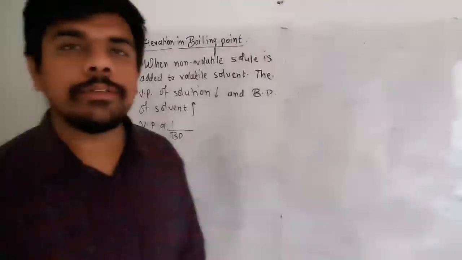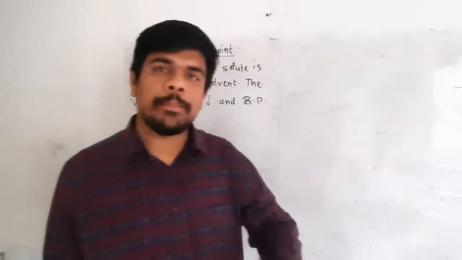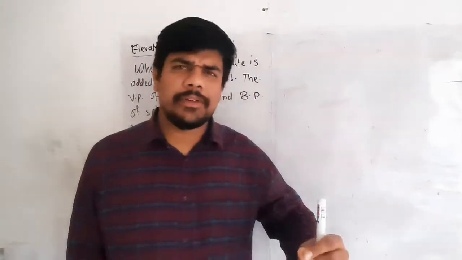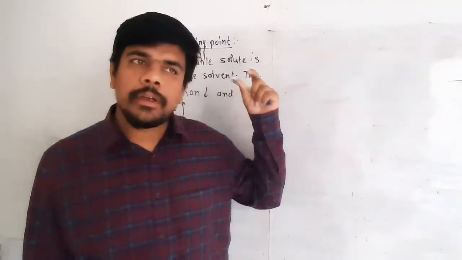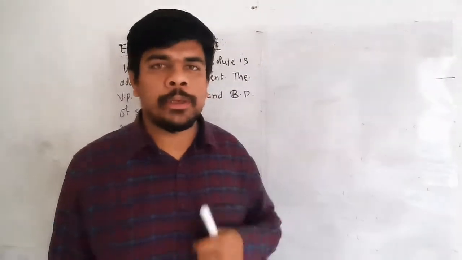Now we need to understand what boiling point is. A simple definition of boiling point is the temperature at which a liquid starts converting into vapor. This is one of the definitions of boiling point.